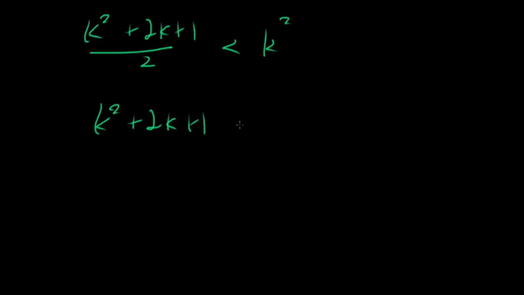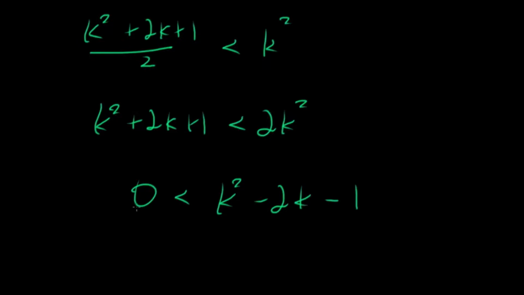Once again, we are in this discovery phase. Now I'm going to move everything to the right-hand side, so I'm going to have k squared minus 2k minus 1, and that is larger than 0. If this is true, we just need to show that this is in fact bigger than 0.